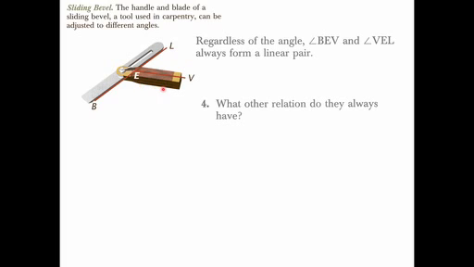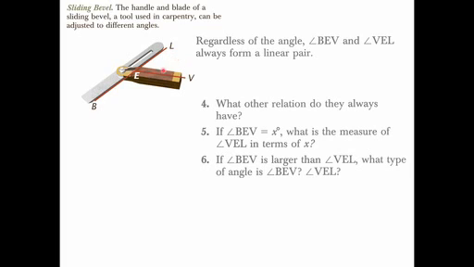What other relation do they have besides being a linear pair? If BEV is x degrees, what would VEL be? You won't have an exact number. It will be in terms of x. Don't forget your labels. If BEV is larger than VEL, what type of angle would BEV have to be? How about VEL?